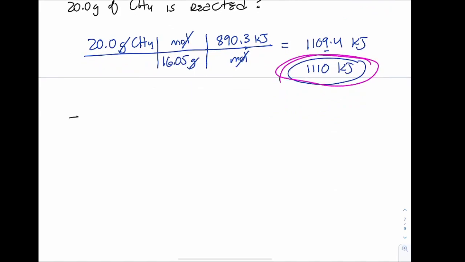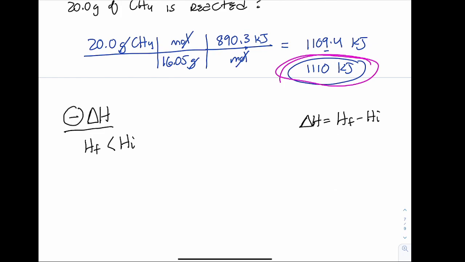If my value for delta H is negative, again, remember anytime we see that delta in front of something, it's always final minus initial, right? So delta H is H final minus H initial. So if it's negative, that means my final is less than my initial, right? I lost heat energy.